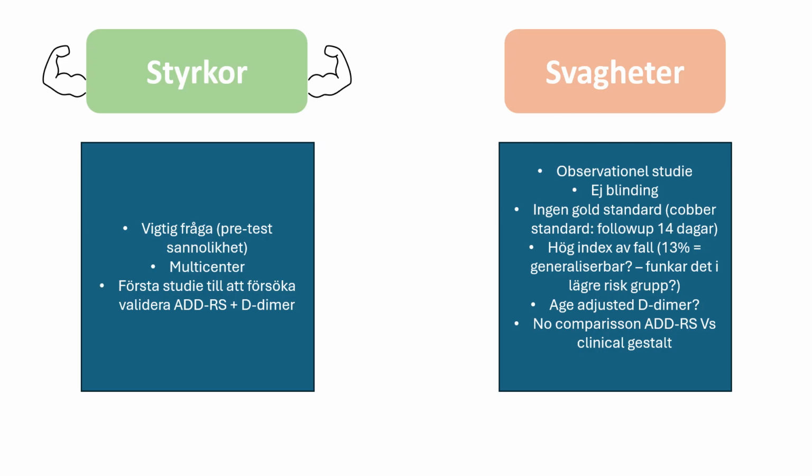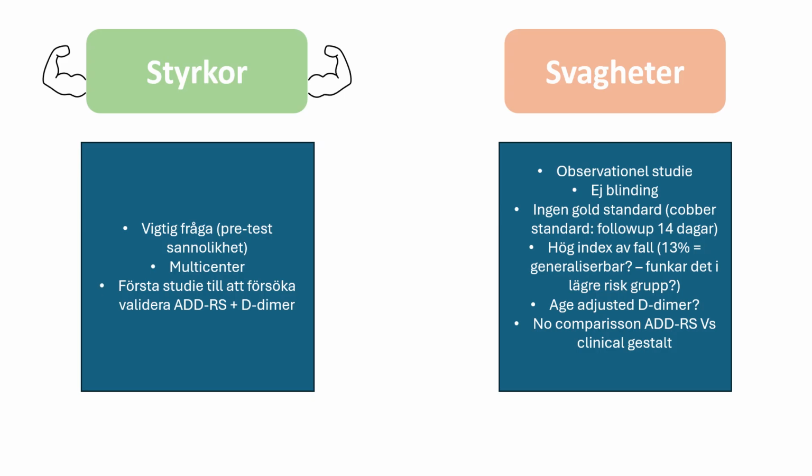So they had this follow-up of 14 days. I don't think they missed too many patients doing this, but there's a potential risk of missing these patients by only following them up for 14 days and not longer, or not doing CT scans on all. All right, so there's a high index, or there's lots of cases in this.